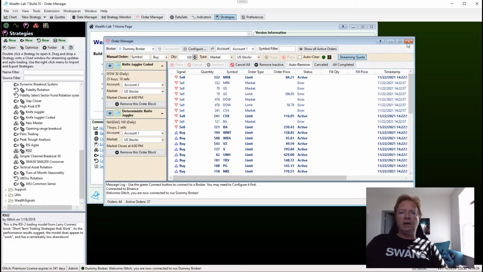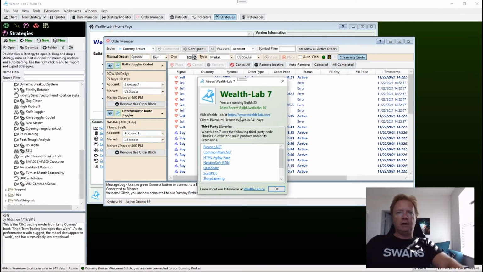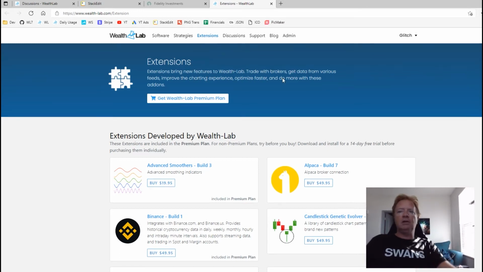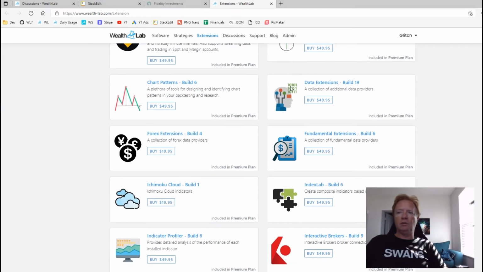Next, we have a couple of new performance visualizers that are specific to our Power Pack extension. Once again, if you're not familiar with the Wealth Lab extensions, simply go to wealthlab.com, click the extensions item here, and you can browse all of our available extensions.